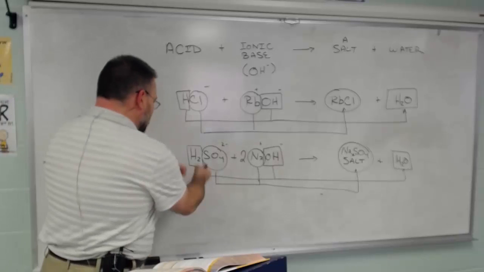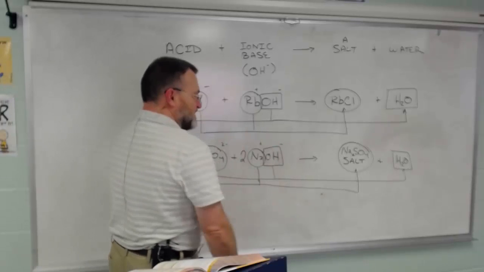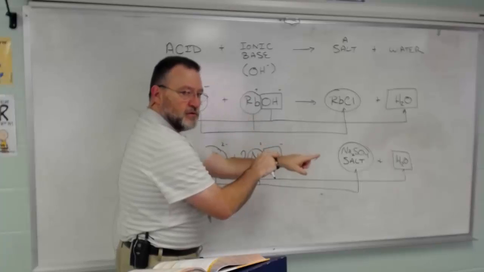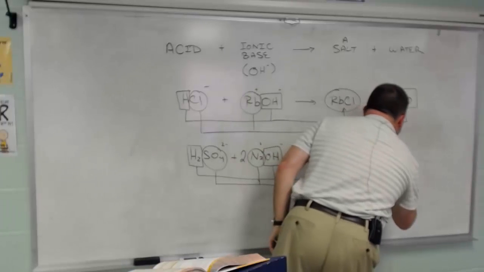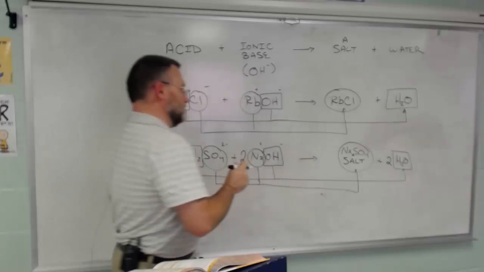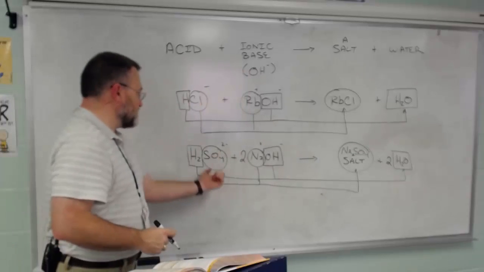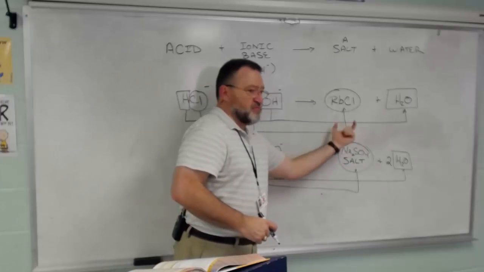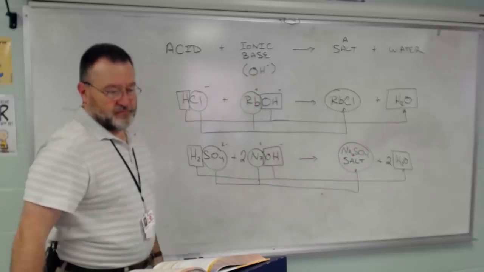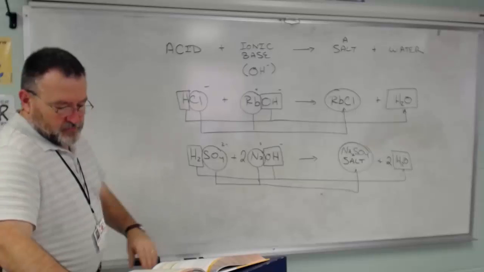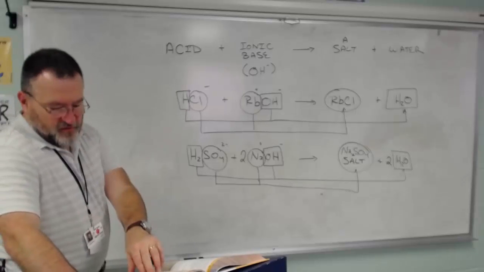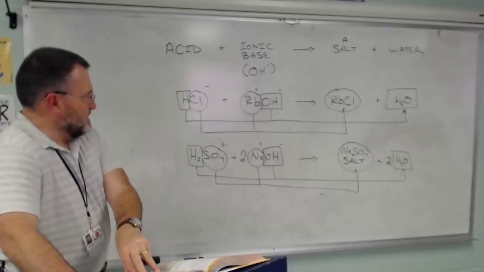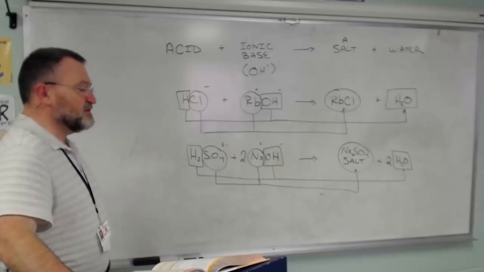If I have 2 hydrogens and 2 hydroxides, it's going to make 2 waters. And I have 1 sulfate and 2 sodiums to make 1 sodium sulfate. Checking it real quick: H2SO4 plus 2 NaOH reacts to produce Na2SO4 and 2 H2O. Yes, we're correct.